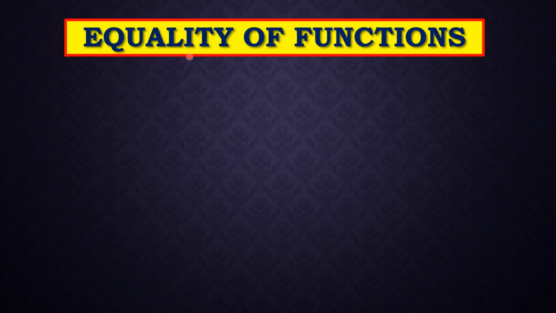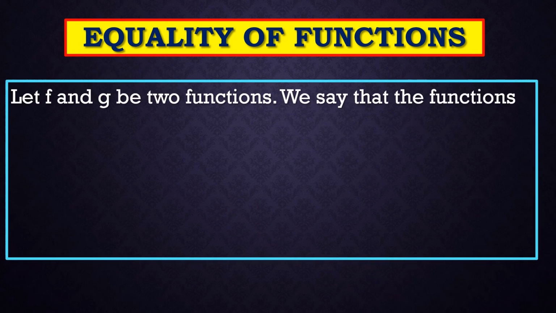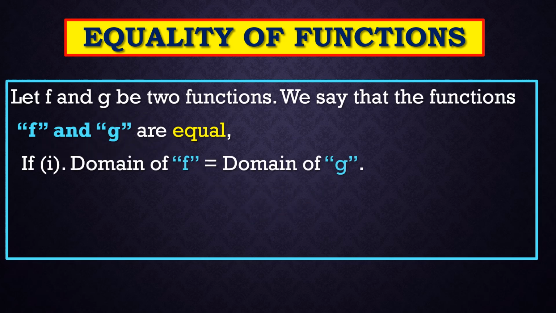The next one is equality of functions. Let us see the definition. Let f and g be two functions. We say that the functions f and g are equal if the following two conditions hold. First, domain of the function f equals domain of the function g.